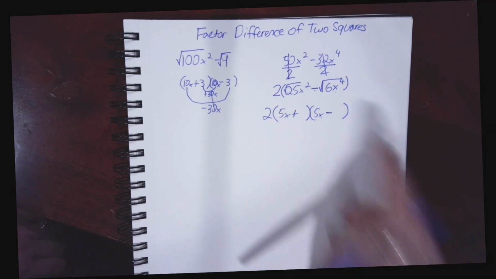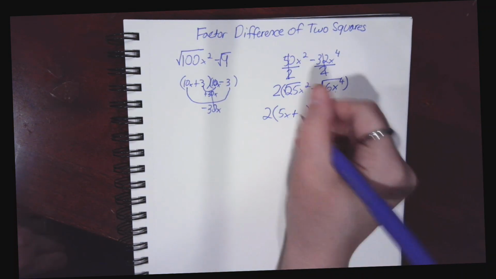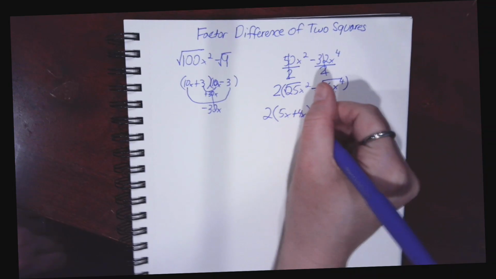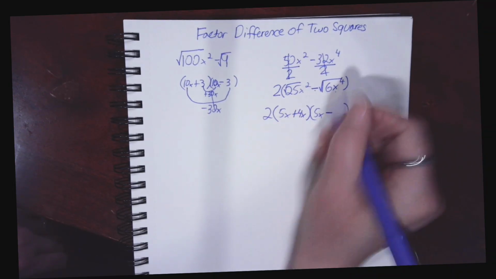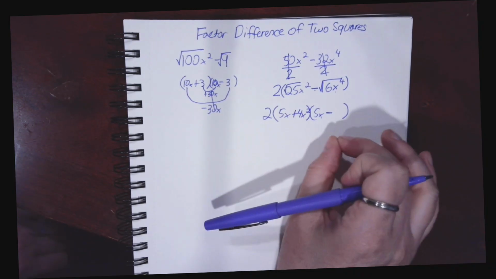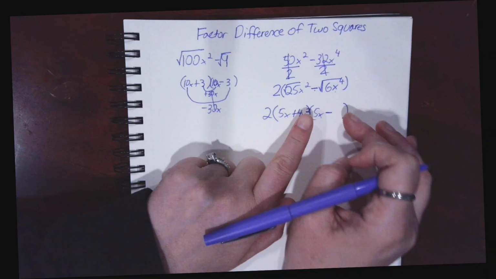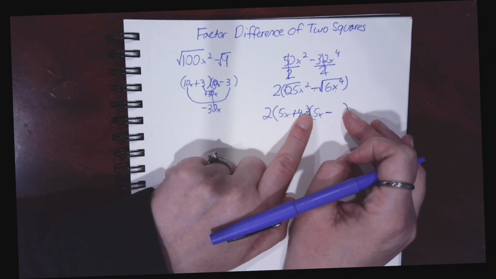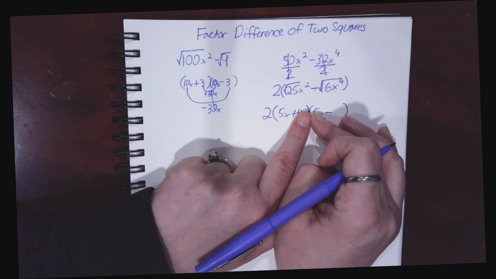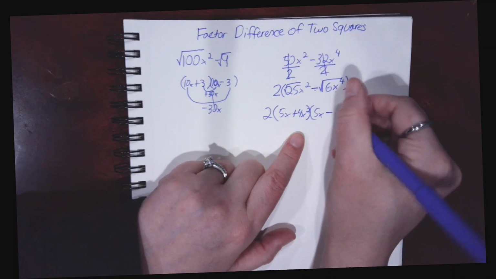So now looking at 16x to the 4th power, the square root of 16 is 4. I keep the x, and I am going to break that up, because when I multiply the exponents of variables, when I multiply them, I add them together. Well, the opposite is to break them apart, right?